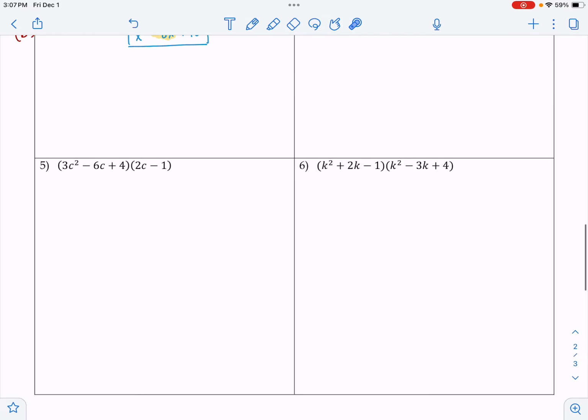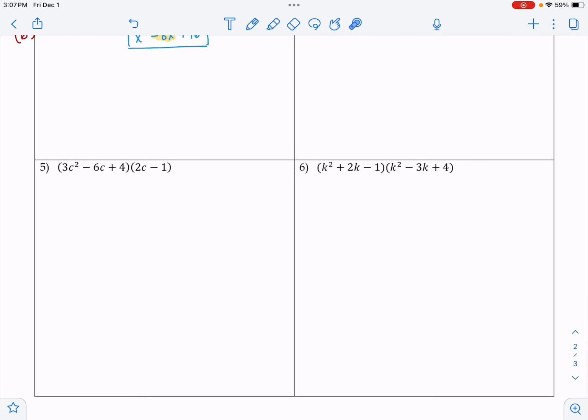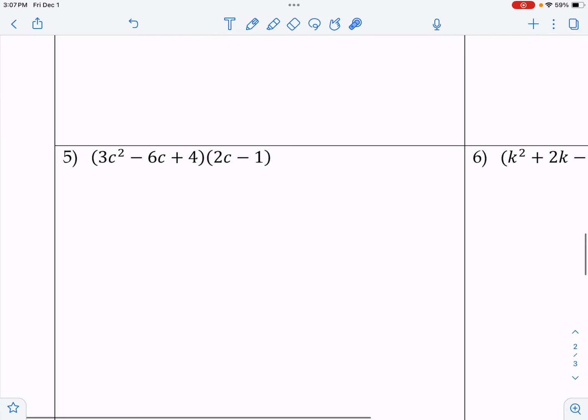All right, last two, we're going to throw in some trinomials. So on number 5, we have 3 terms times 2 terms. And so we're going to need to make a 3 by 2 box. Because we have 3c squared minus 6c plus 4.